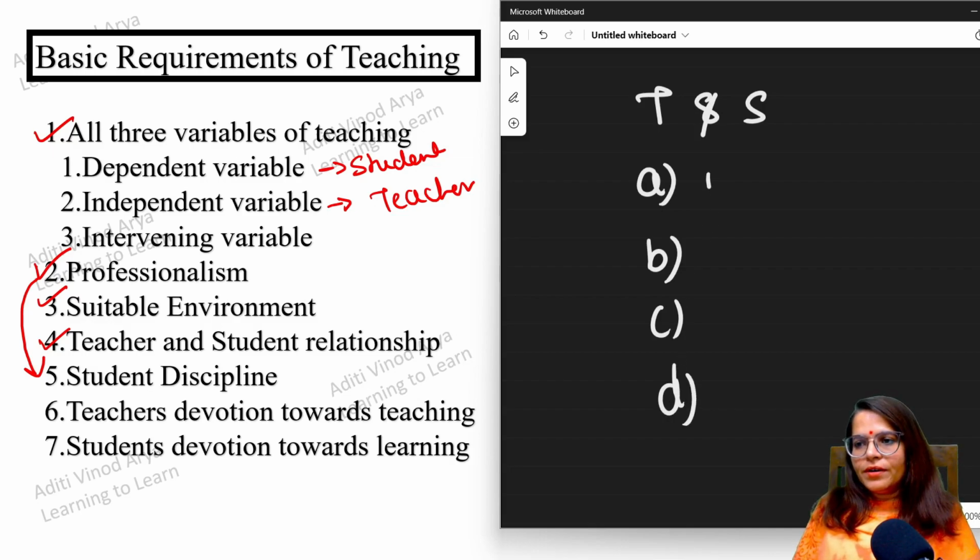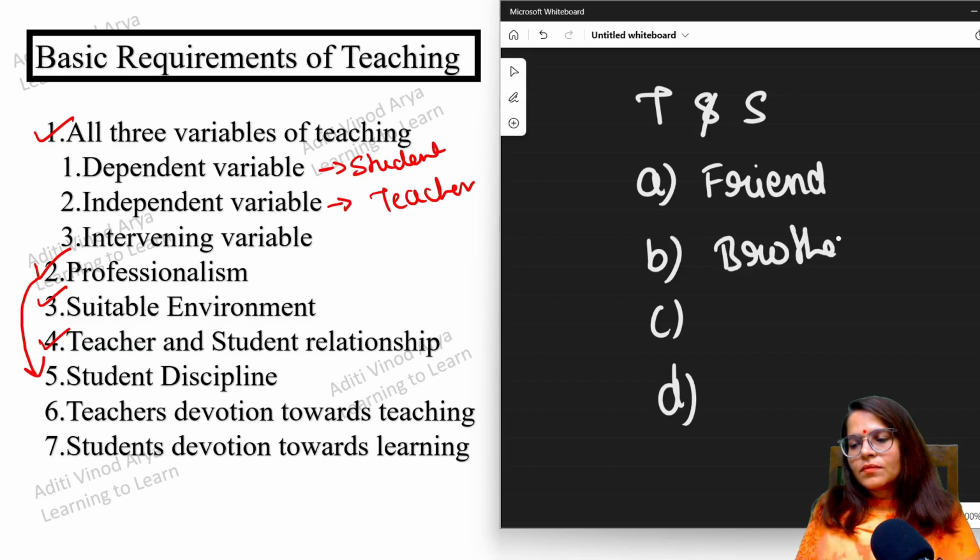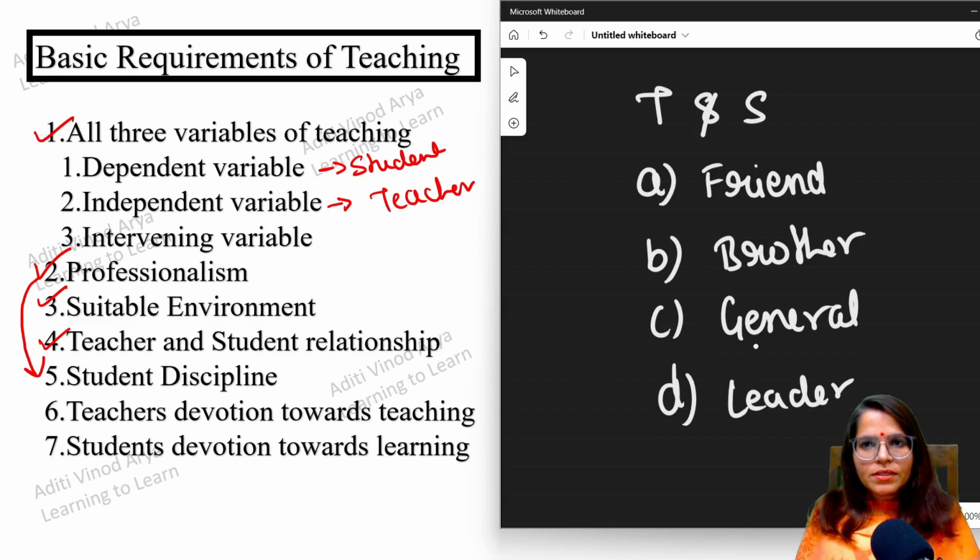A is your friend. B is your brother. C is your general. And D is your leader. Now try to understand, you have to choose the most appropriate.